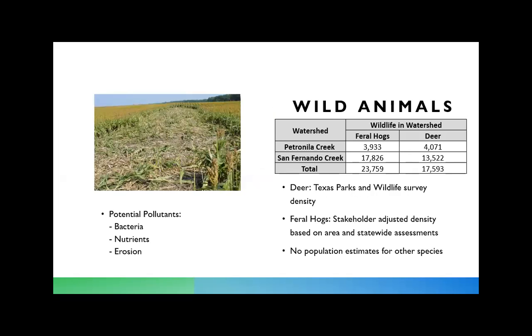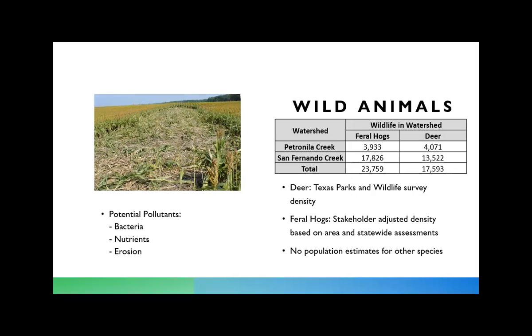Wild animals, we tried to quantify down here, but as you know, these are estimations because it's kind of hard to count deer and hog. But these were estimations from Texas Parks and Wildlife. They go out and do surveys every once in a while on little tracts of land and try to apply that number more broadly.